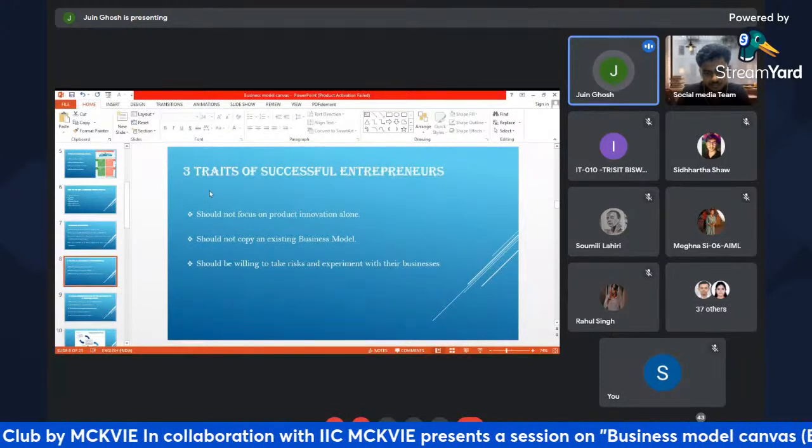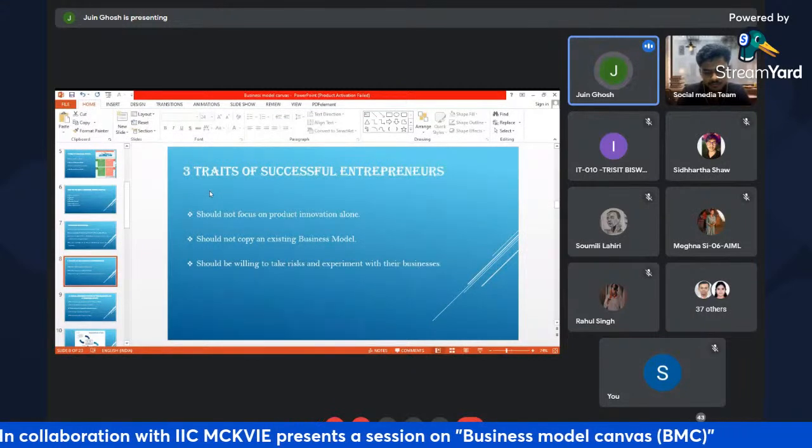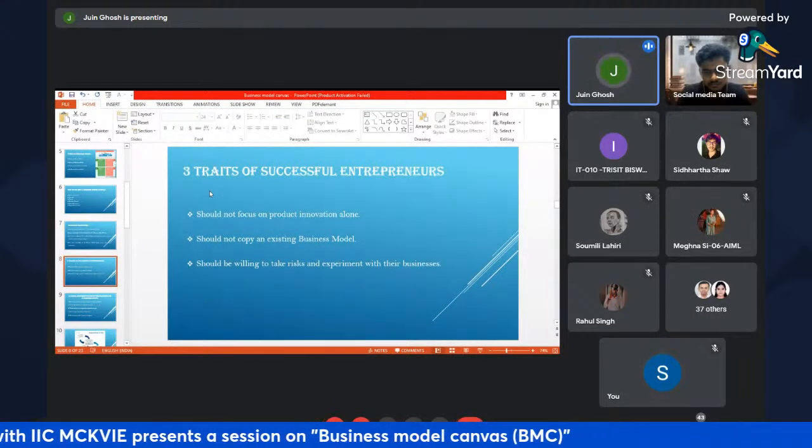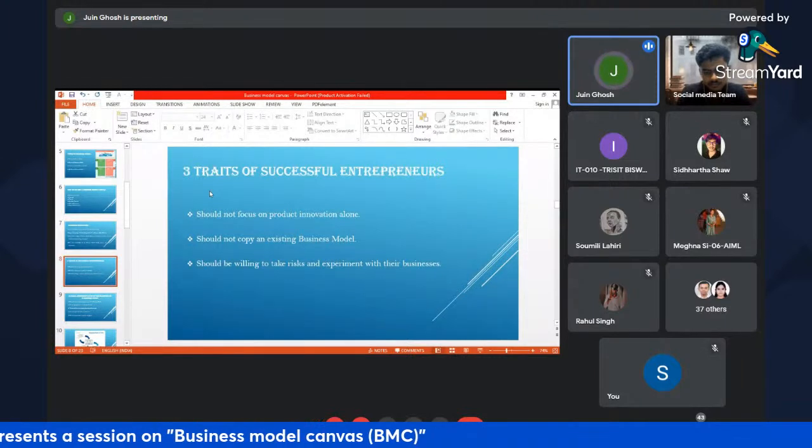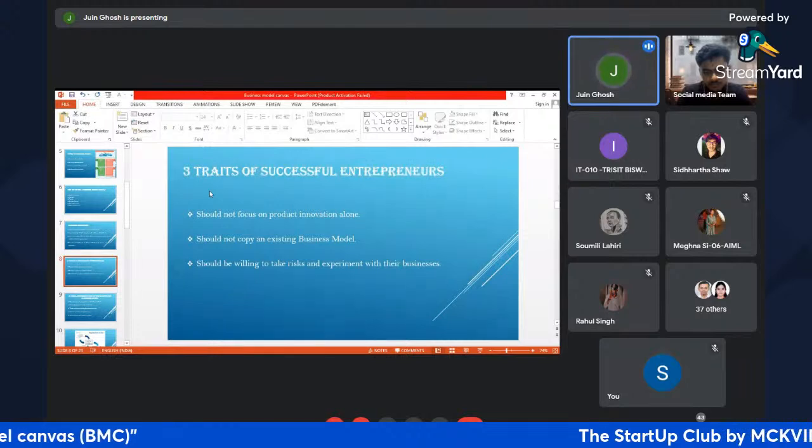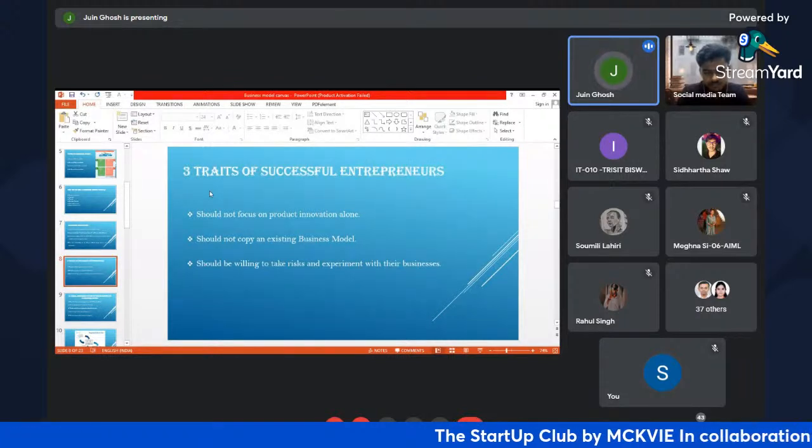So these are the main 3 traits of a successful entrepreneur. An entrepreneur, in general parlance, when we talk about entrepreneur, we think that entrepreneurs are the industrialists.